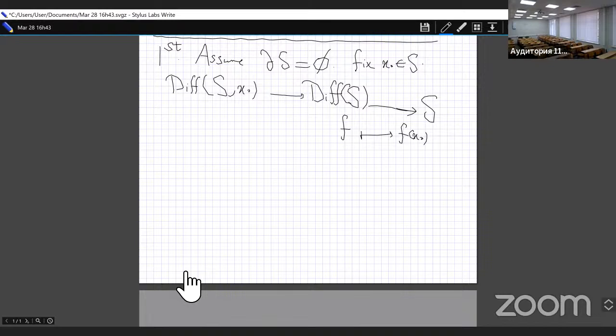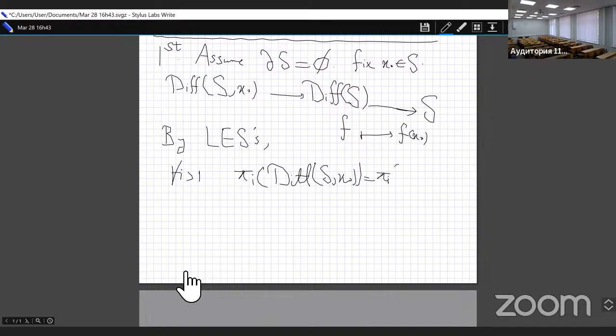So by exact sequences, we have this for every i.